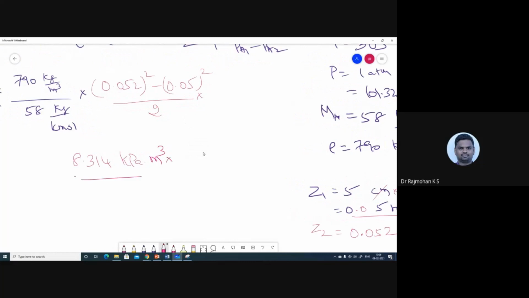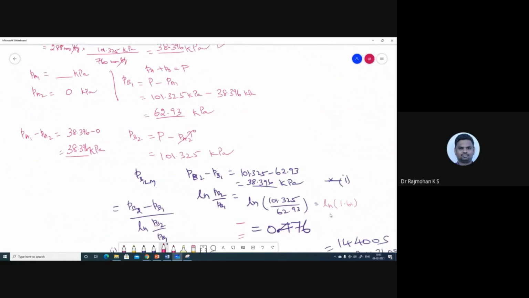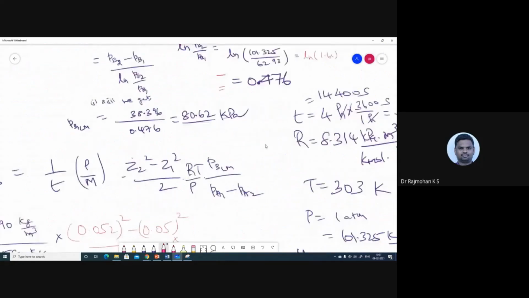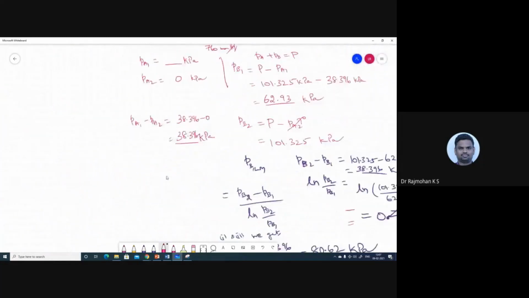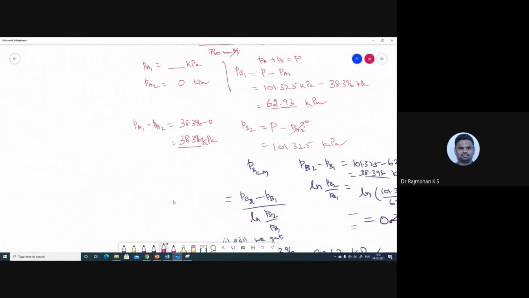RT by P: T is 303 Kelvin, total pressure is 101.325 kilopascal, into the PB mean we determined. PB logarithmic mean is 80.62, divided by PA1 minus PA2, which we determined as 38.396.